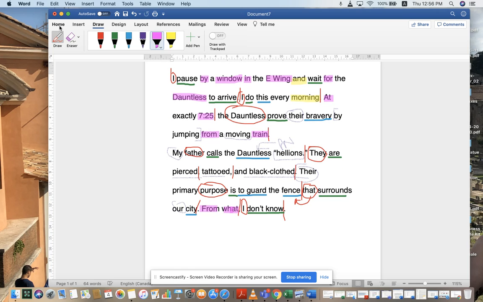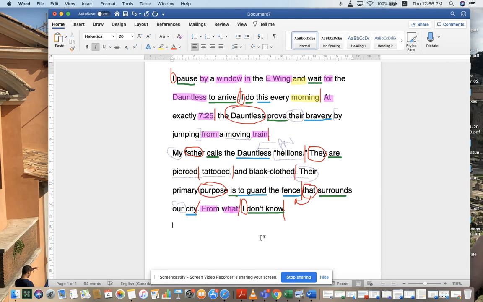Awesome. So last but not least, we deal with the verbs, and I pause is first person, singular, present. It is simple, it's active, and it's indicative, it's true. And then we also have the wait, which is the same thing. So two times first person singular.